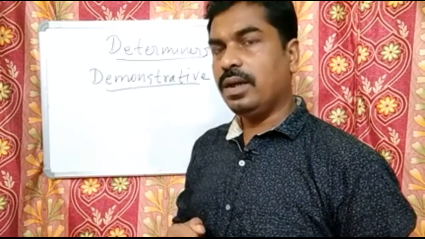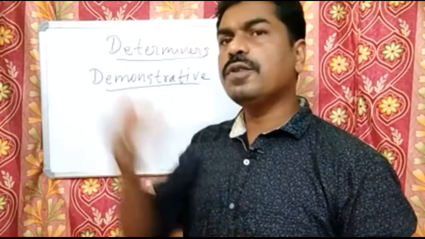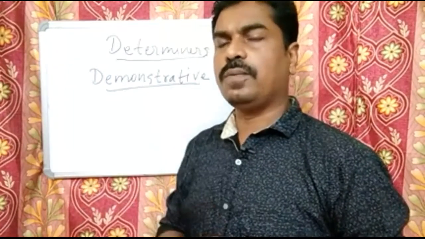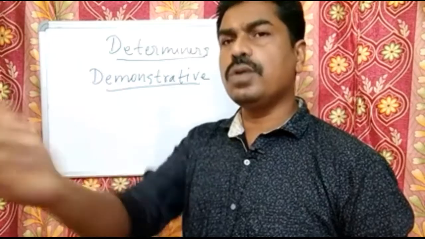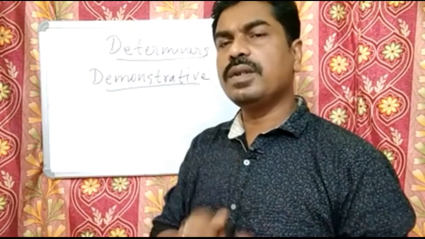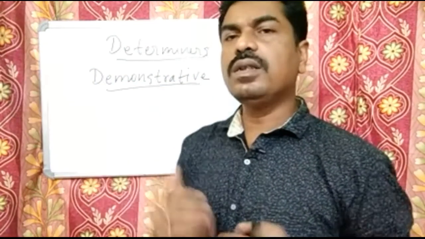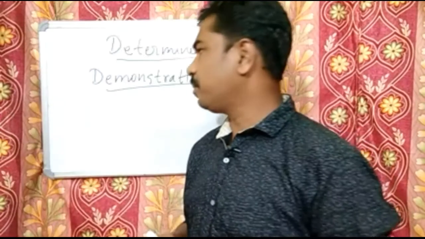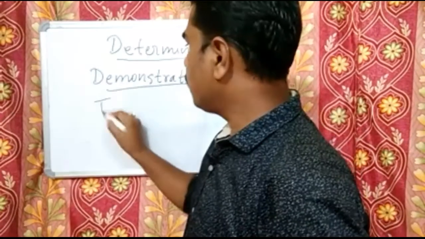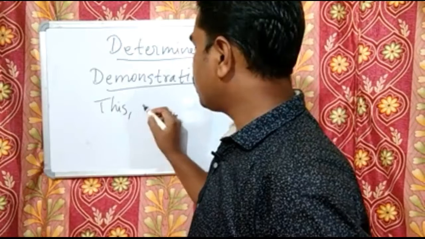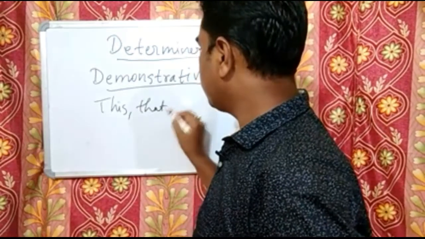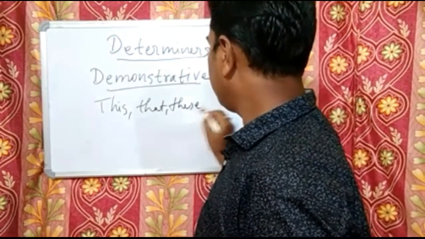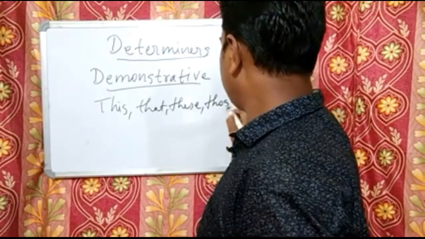That is one thing. And another thing is you have to check the distance also. If it is very close, then you have to use certain determiners. If it is at a distance, then you have to use certain determiners. For example, the demonstrative determiners are this, that, these, and those.